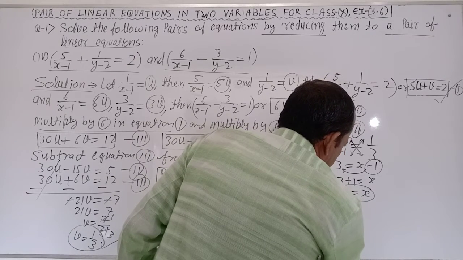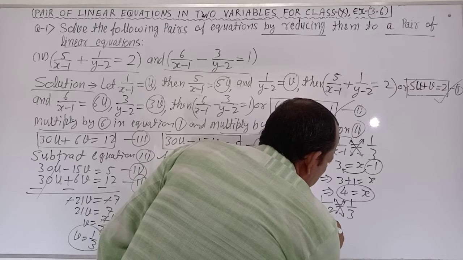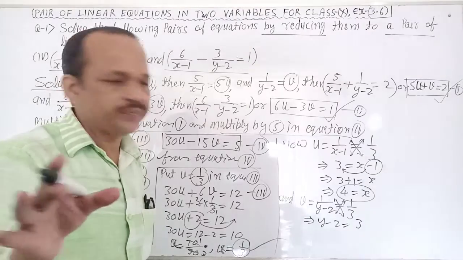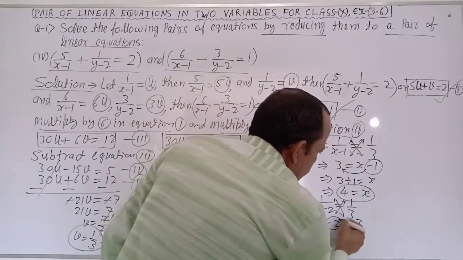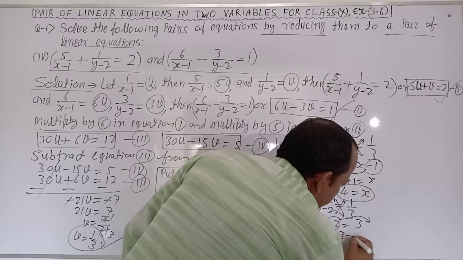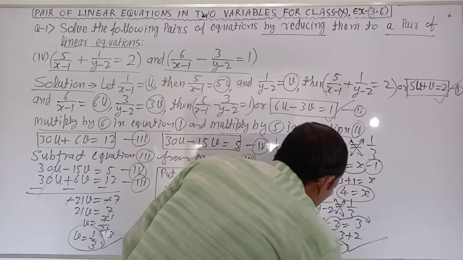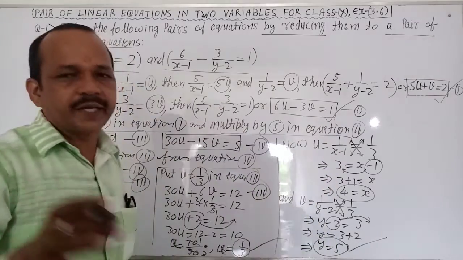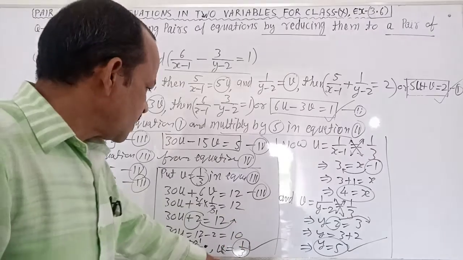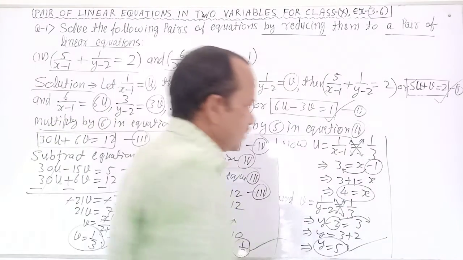Cross multiply. It becomes y minus 2 equal to 3. You write minus 2 on the right side. It becomes y equal to 3 plus 2, y equal to 5. You find y equal to 5 and x equal to 4.